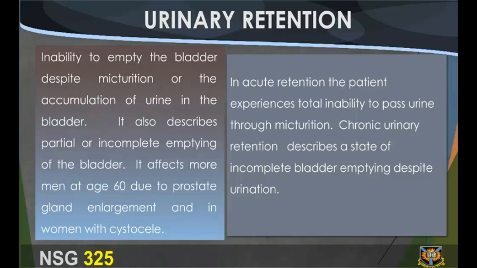It affects more men at age 60 due to prostate gland enlargement. In acute retention, the patient experiences total inability to pass urine through micturition. Chronic urinary retention describes a state of incomplete bladder emptying despite urination.